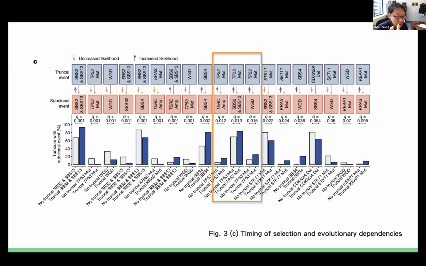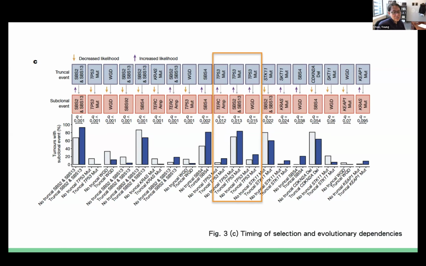Actually, the other way: the truncal event, because truncal takes place earlier than subclonal. So if you have TP53 at the base, you are likely to have TERT mutation.